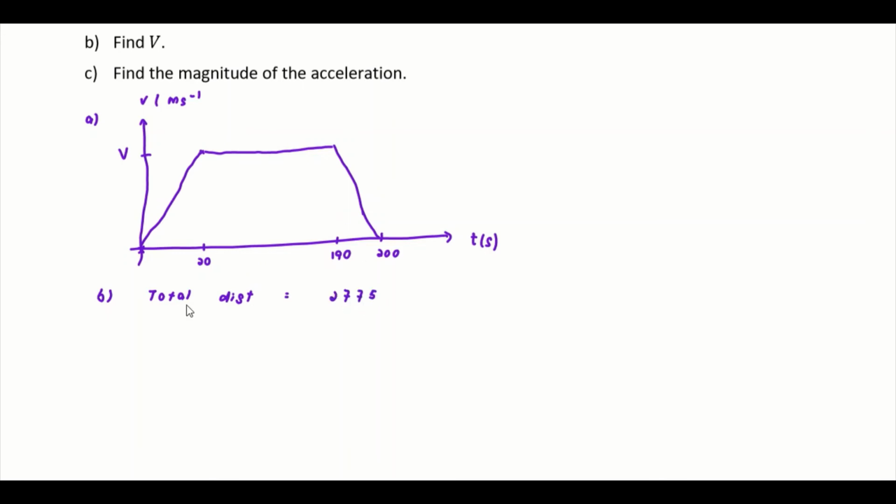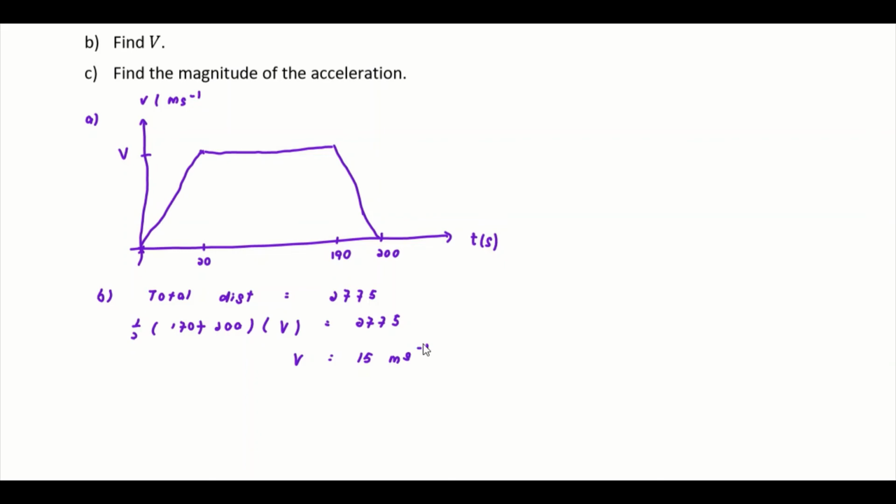This is a trapezium as well. So 1 over 2, the parallel lines are 170 and 200, multiplied by the height, which is the v that we want to find, equals 2775. By solving this, you will get the answer of 15 meters per second.